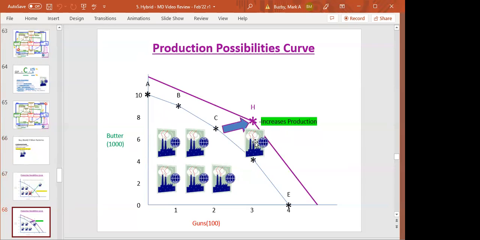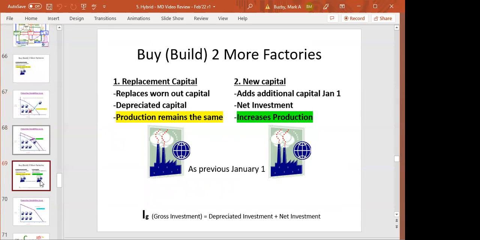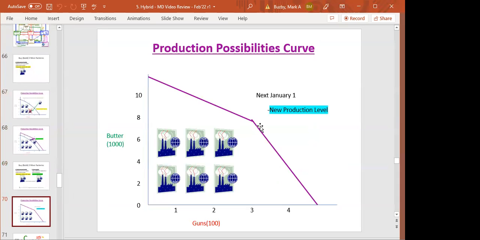The 6th one went ahead and actually increased our production possibility from the previous year. So even though they're both brand spankingly new, this replaces the depreciated stuff. This one increases production, keeps it the same, increases production, and we have a new production level.